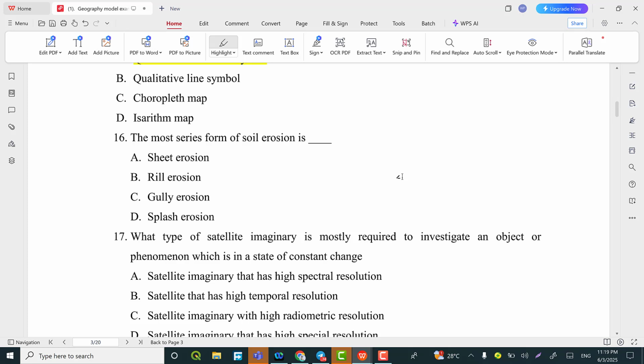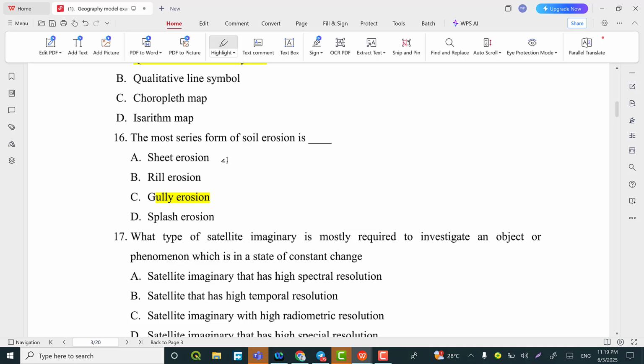Question number 16. Most serious form of soil erosion is A, sheet erosion, B, rill erosion, C, gully erosion, D, splash erosion. The answer is gully erosion. Let me explain. Sheet erosion occurs when rain droplets come to the earth and detach particles of soil.